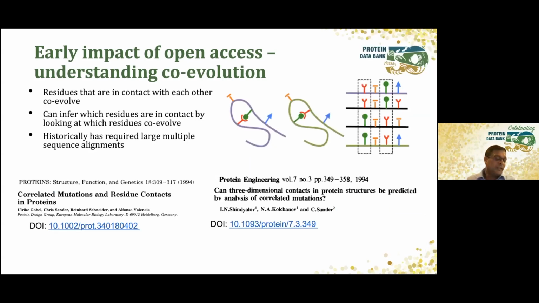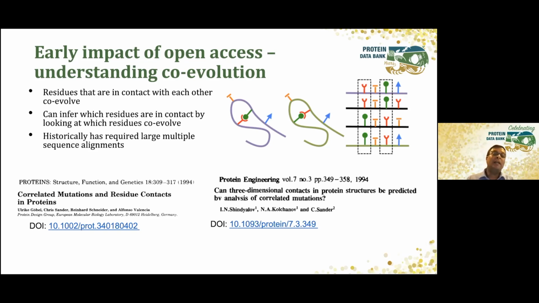The other, I think, big outcome of having all this data open access was the realization that there are residues that co-evolve, and those residues that co-evolve are in contact with each other in the 3D structure.